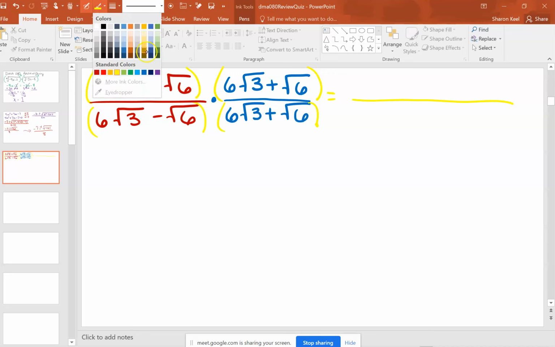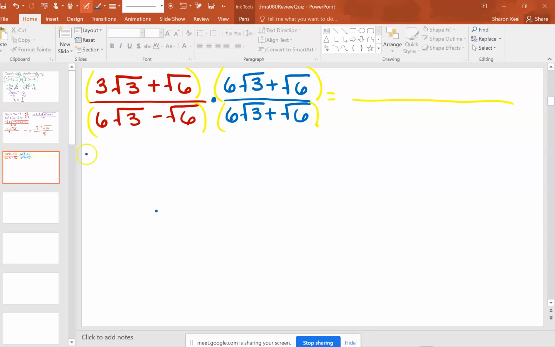So the only tedious part is the foiling. So I'm going to put here, FOIL numerator. Okay, so that's what I'm going to do. I have 3 times 6. Let me get my calculator. Okay, so 3 times 6 is 18.